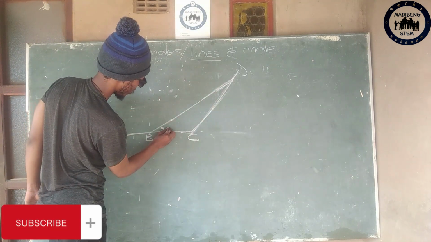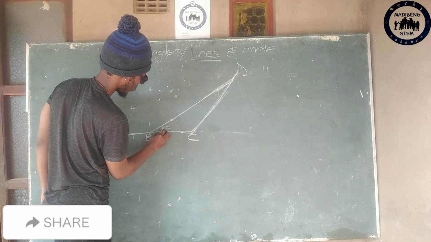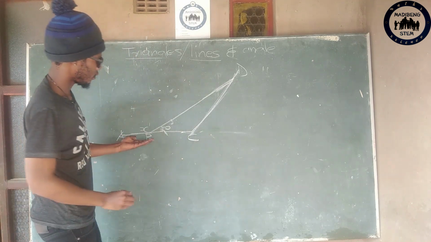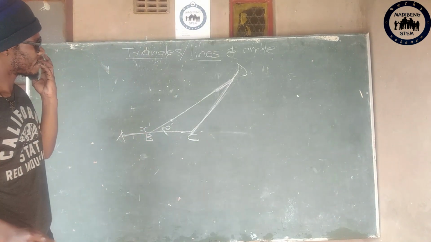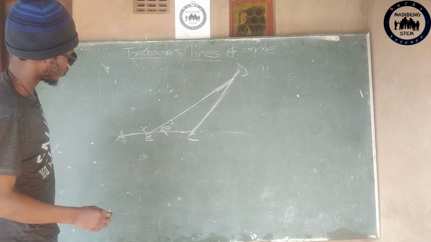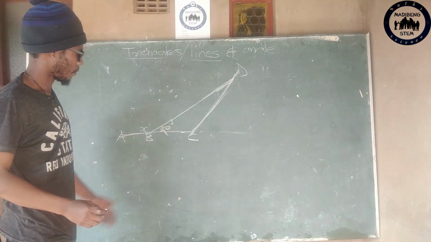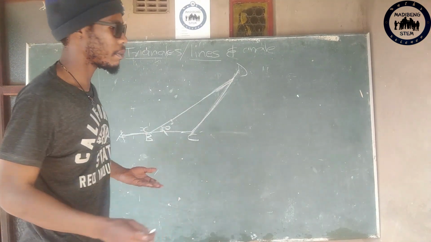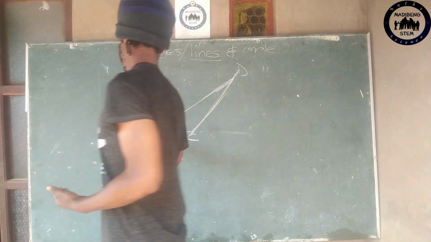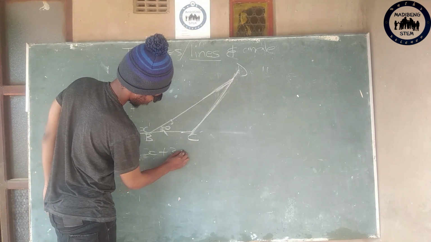This is 30 degrees, and then they say find this angle x. What do you know about this? Angles on a straight line are supplementary angles, we know they add up to 180. So it means x plus 30 is equal to 180.